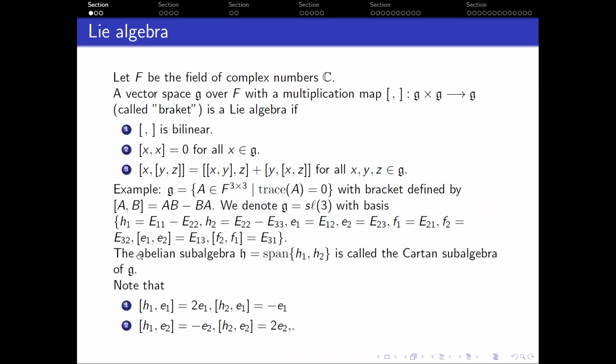So just to motivate, I will take the 3 by 3 trace zero matrices and the bracket operation, as I said, the multiplication is AB minus BA.